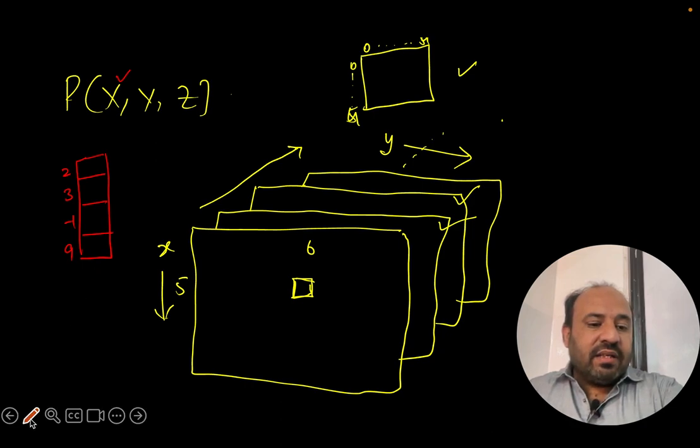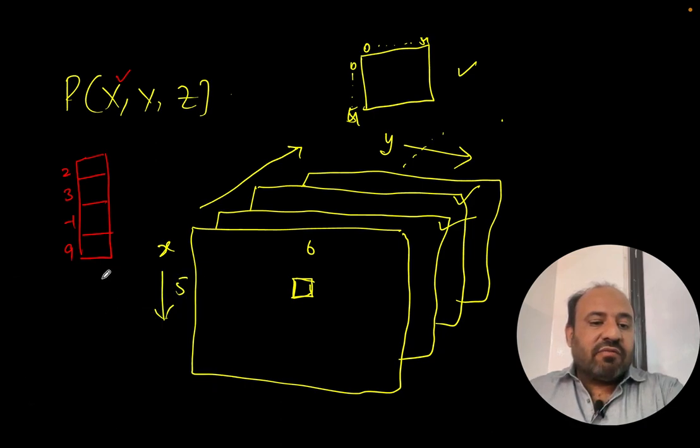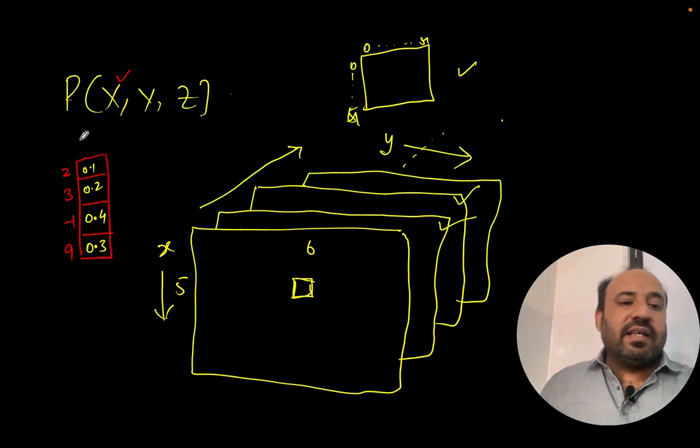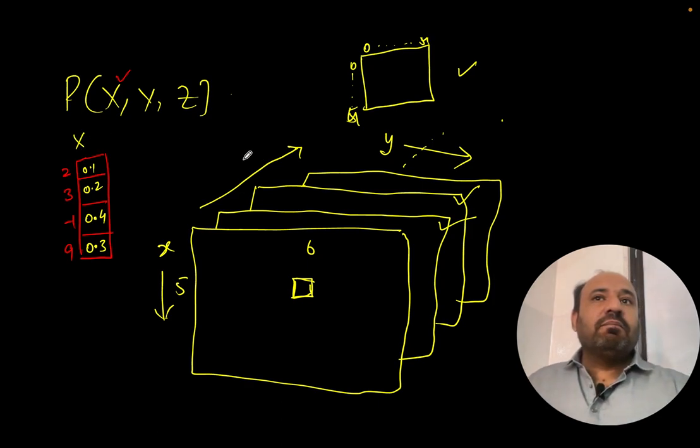Then inside we can store the probabilities for the different values: 0.1, 0.2, 0.4 and 0.3. That's a distribution for just x. That's a one-dimensional array.